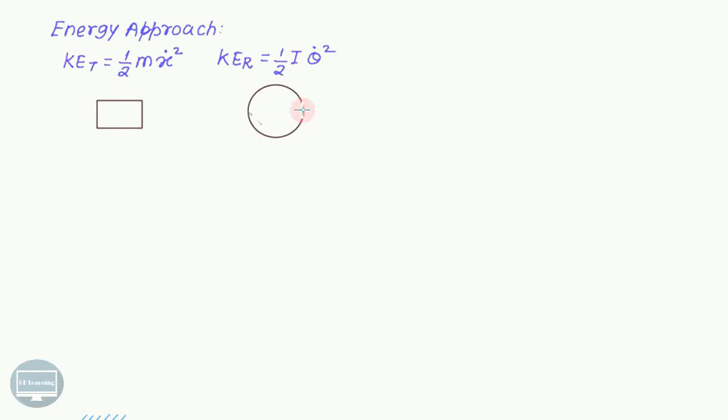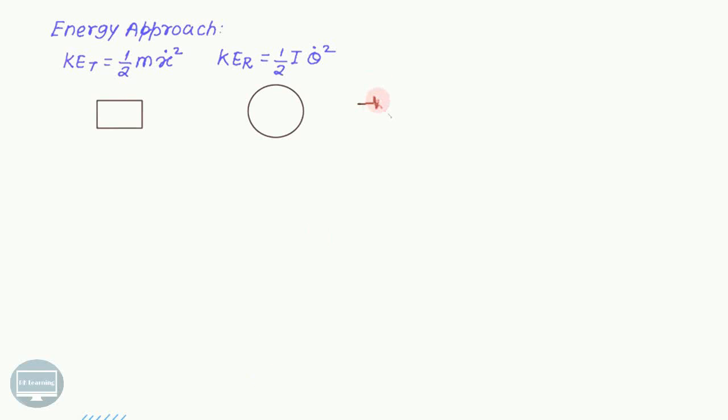But when you have a disk that moves this way and also rotates, that is rolling motion. So it has both kinetic energy of translation plus kinetic energy of rotation. When it is pure rotation, there is no translation. But when it is rolling, it means translational plus rotational, a combination of both. So you have to first check the figure and see the movement of the disk.